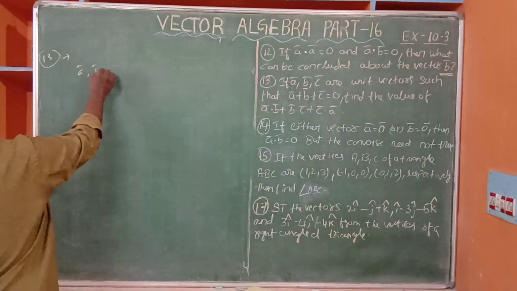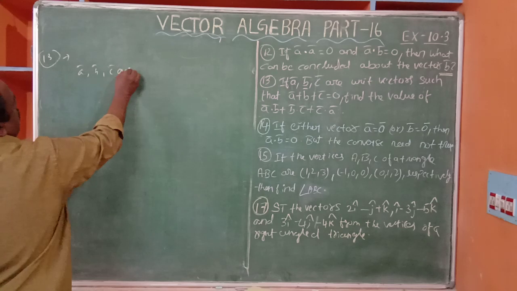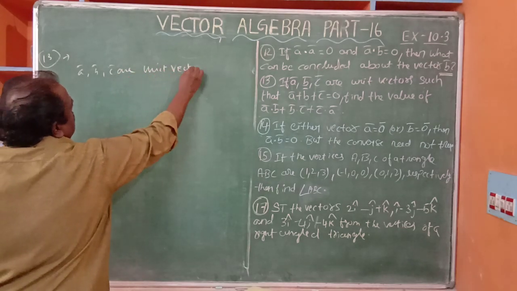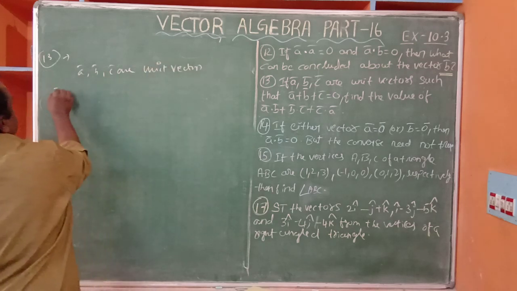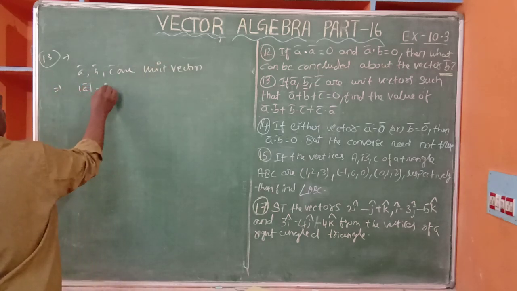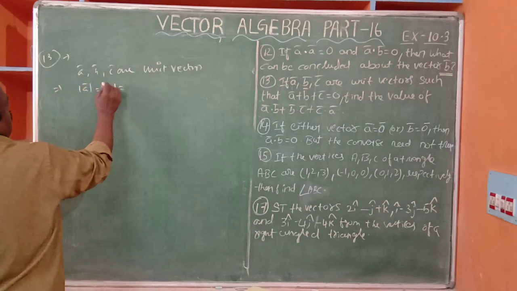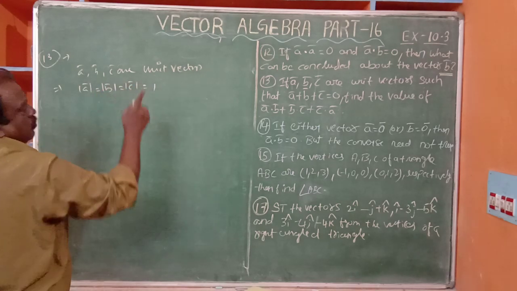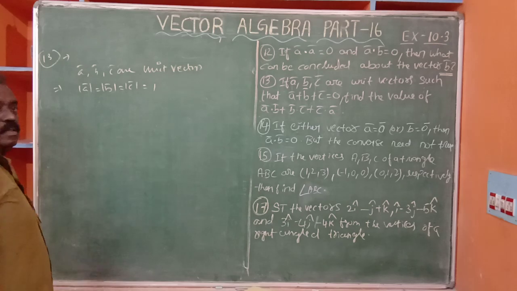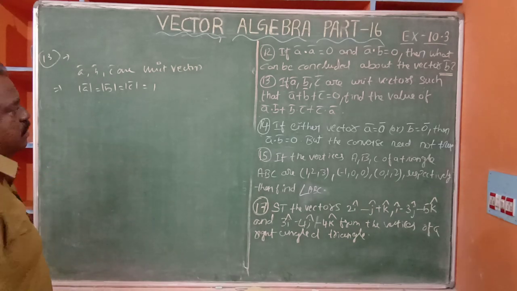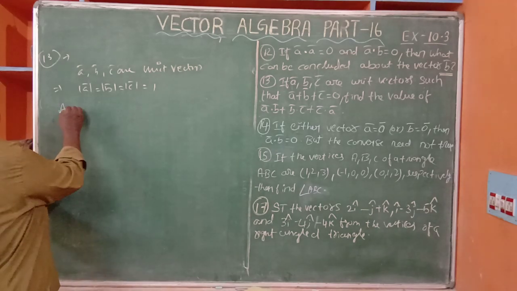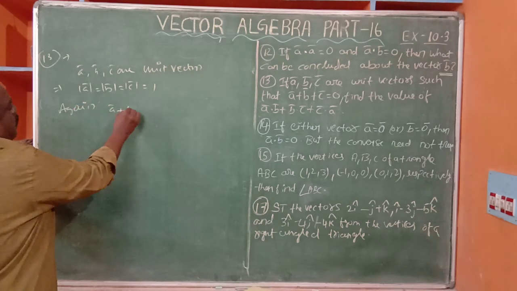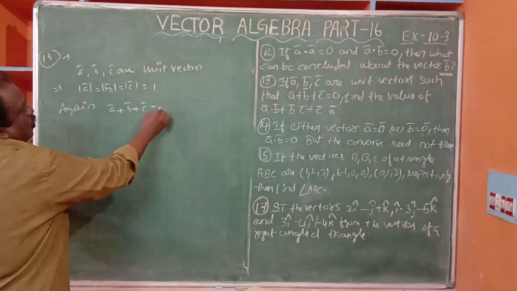Given A bar, B bar, C bar are unit vectors. That implies mod A bar is equal to mod B bar is equal to mod C bar is equal to 1. Okay, now that is unit vector, such that again we are given one more condition, that is A bar plus B bar plus C bar is equal to 0.